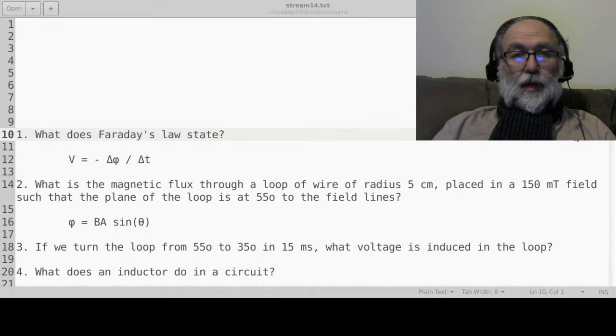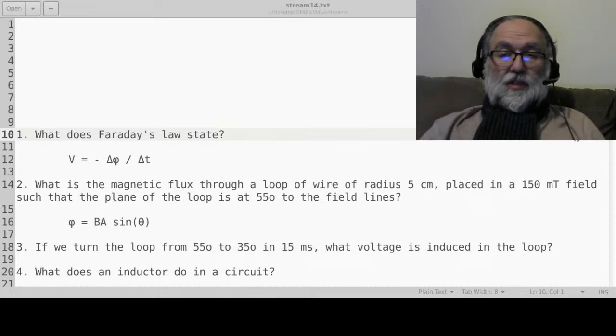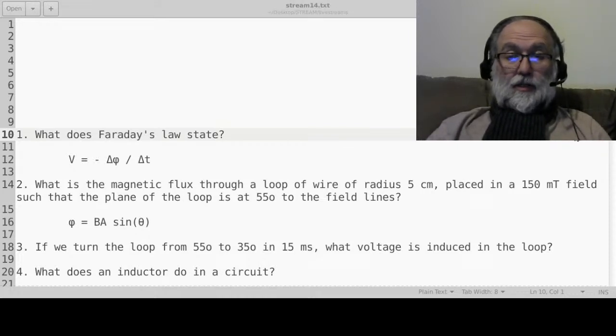Tonight I'm going to be doing, I think, 9 questions for both Physics 102 and 112, and 2 questions which are just going to be for the Physics 102 because they're calculus based. We split the magnetism material into 2 weeks.